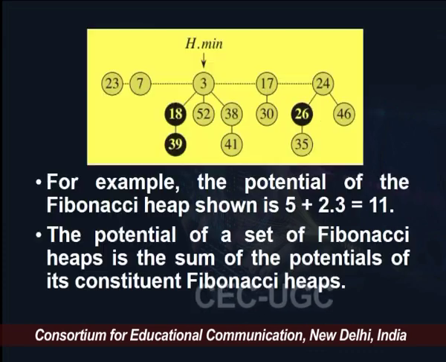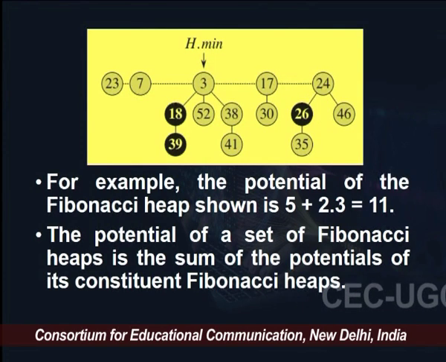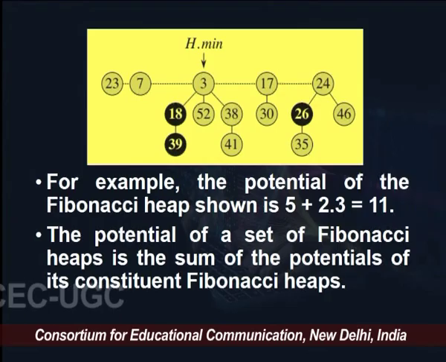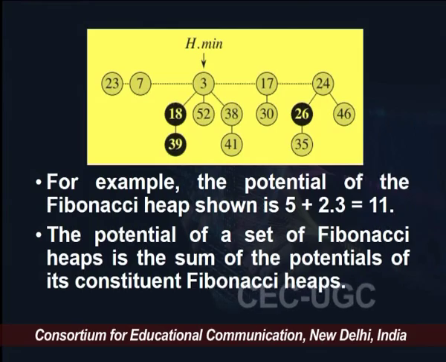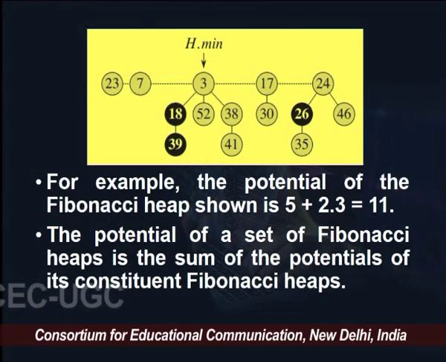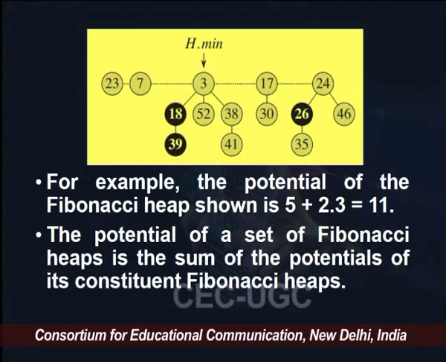If we look into this example, the potential of this Fibonacci heap is going to be 11, which is 5 plus 2 times 3. So 5 is the number of trees, and twice the number of marked nodes, which is 3. So 5 plus 2 times 3 is going to be 11.